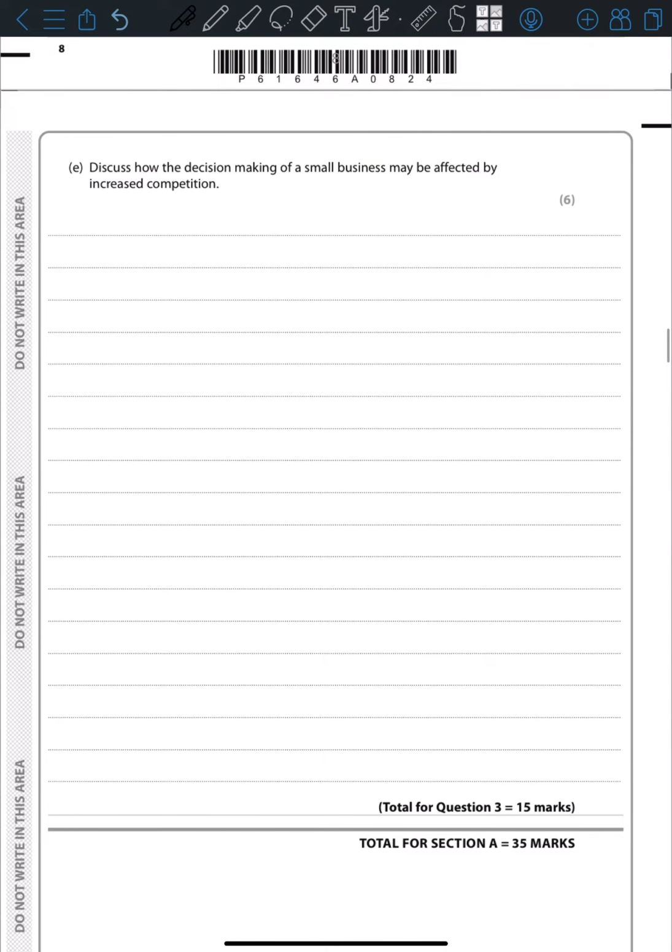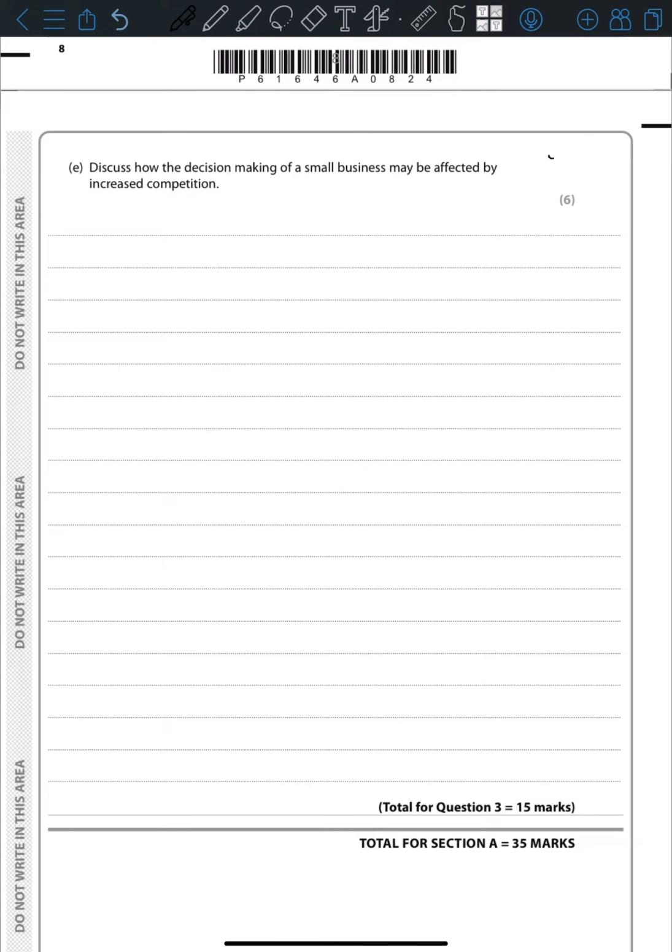The last question for section A is a 6 marker. Discuss how the decision making of a small business may be affected by increased competition. So we have to think about a competitive market and how that will affect my business's decision making. The first thing is, of course, the price.